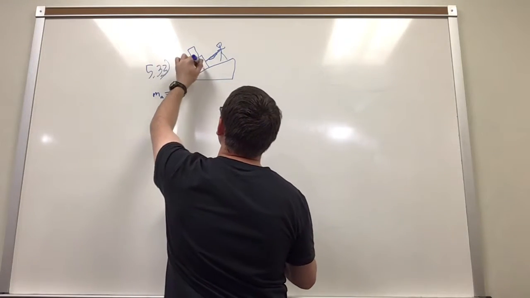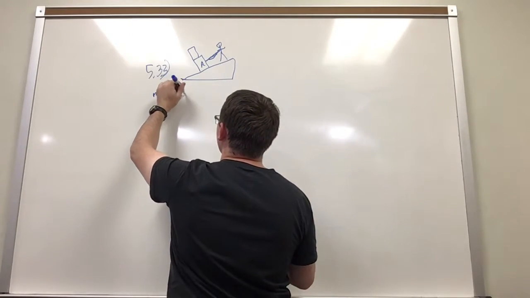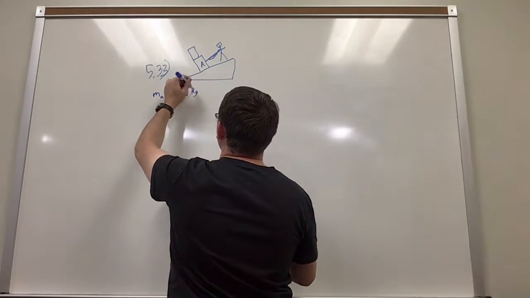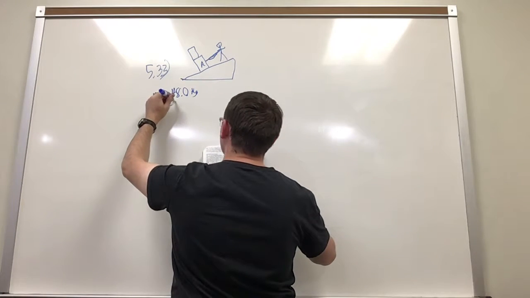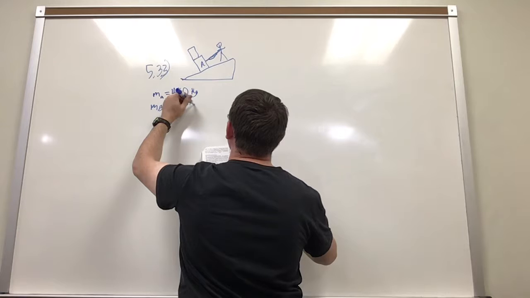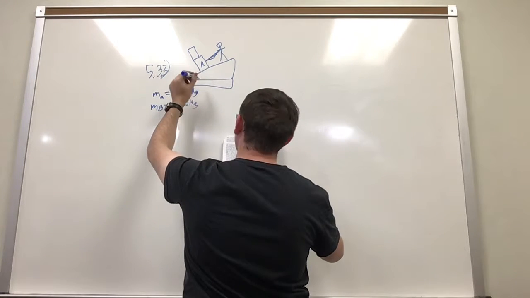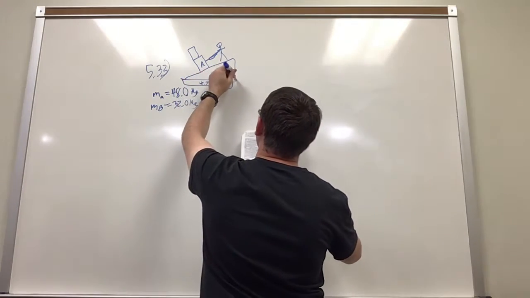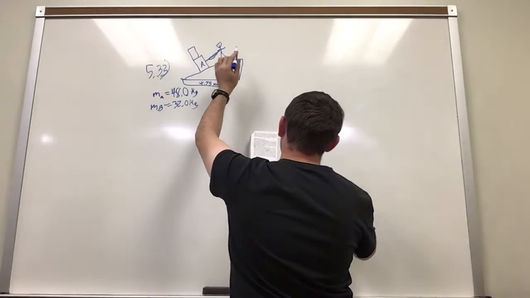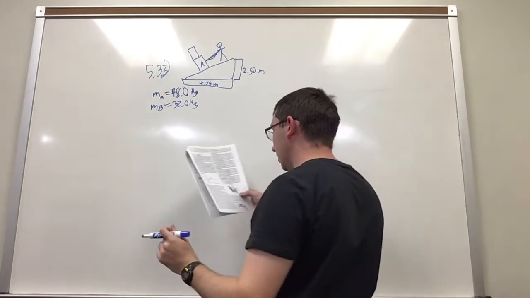So we know that the mass of box A is 48 kilograms. We know the mass of B is 32 kilograms from the picture. We know that this distance is 4.75 meters, and that distance is 2.5 meters.